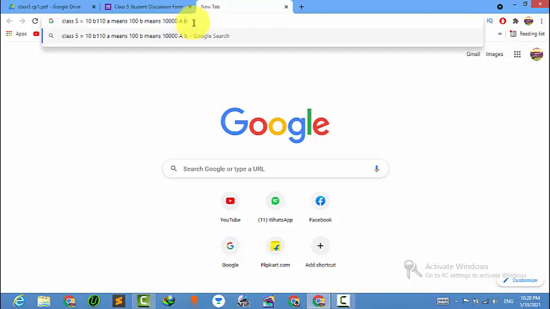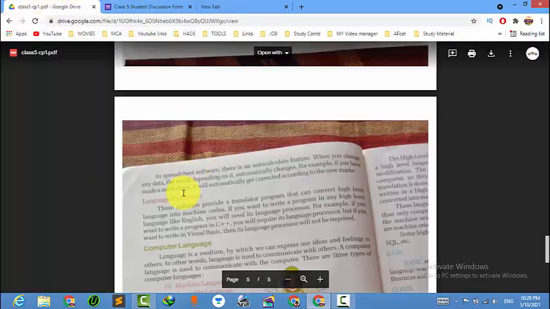Their use is different. Using our hand we can eat food, but we can't eat food with our legs. Similar to that, computer alphabets are different. Whatever we type inside, it takes differently. Capital letter B is different on the computer, and small letter b has a different combination. So this transformation is called language processor.